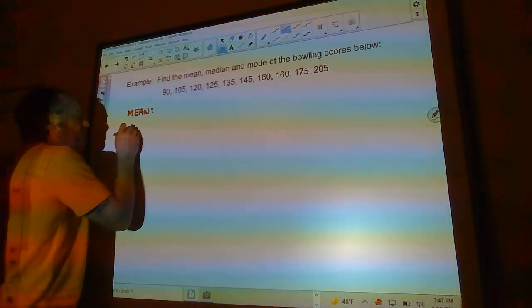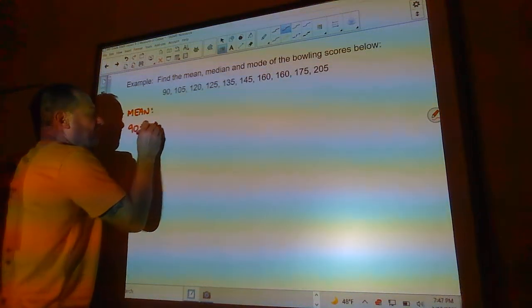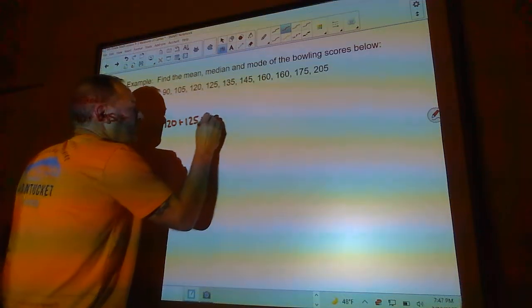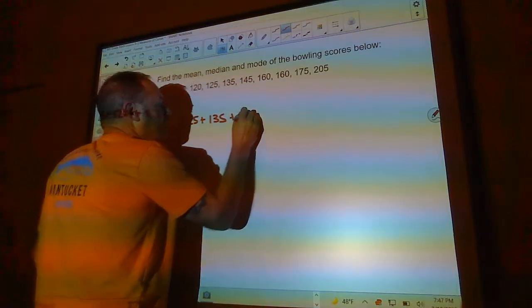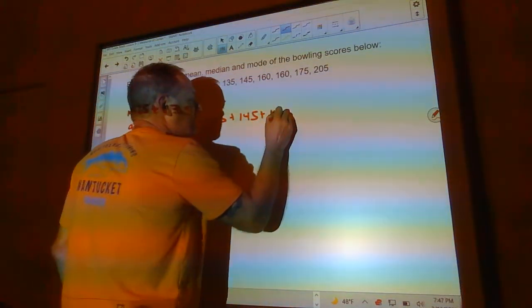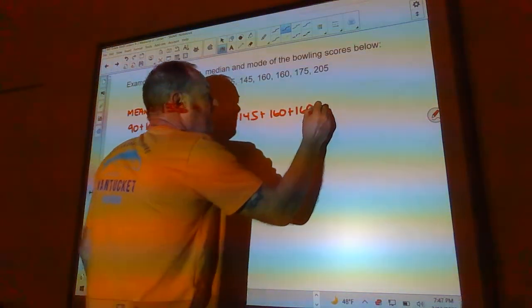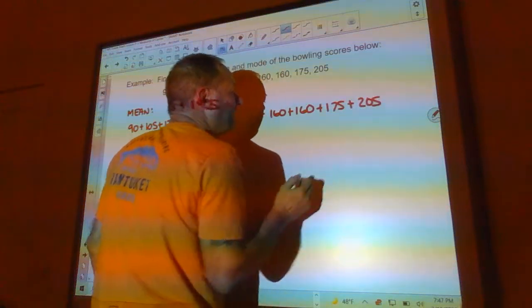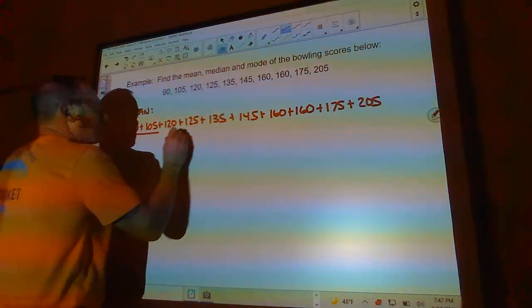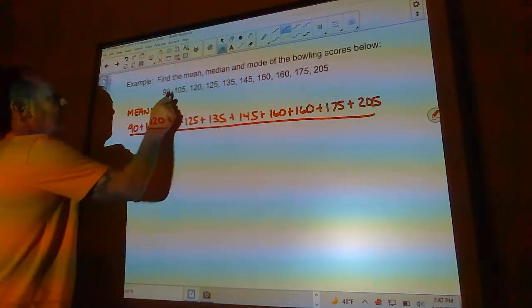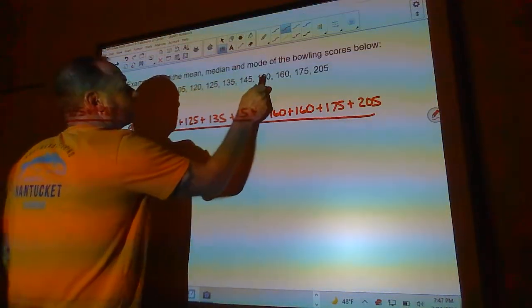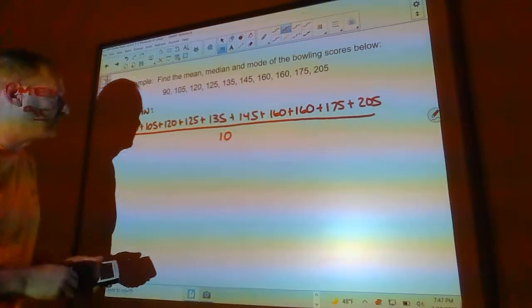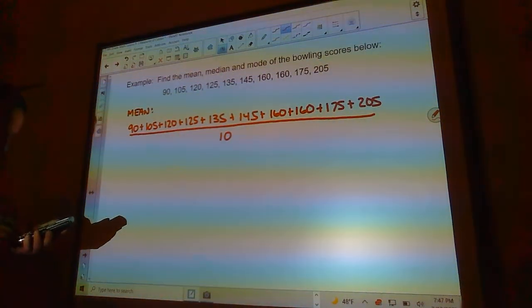Okay, so the mean was 90 plus 105 plus 120 plus 125 plus 135 plus 145 plus 160 plus 160 plus 175 plus 205. And all of this is going to be divided by what? 1, 2, 3, 4, 5, 6, 7, 8, 9, 10. Let's get out our calculator and make sure we do this carefully and quickly.